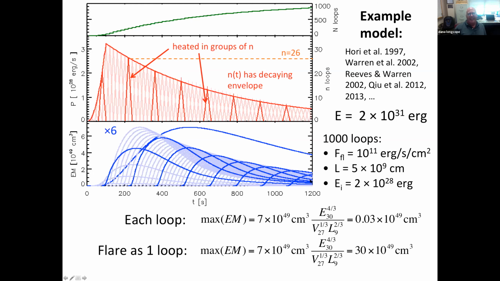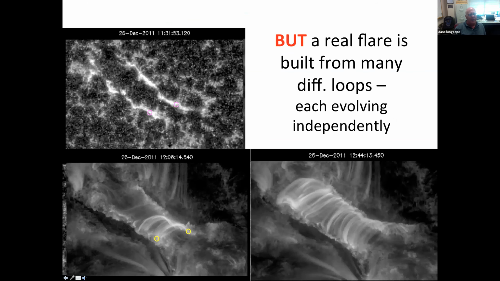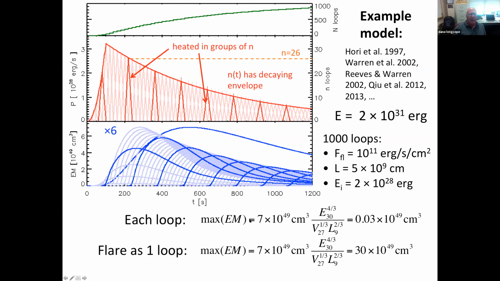So that's the warning: you really cannot use this relationship. The relationship between what you see in GOES and what comes out is not as straightforward as that little exercise would make it seem. It really is because flares are composed of a lot of loops.